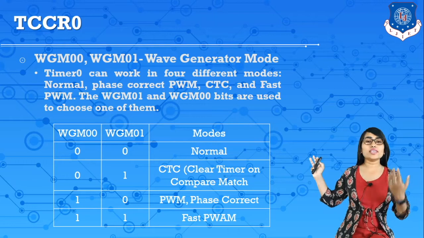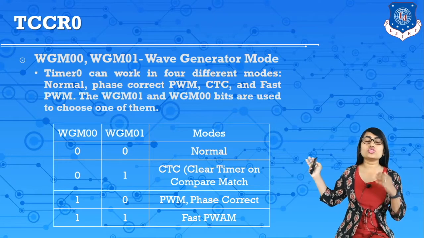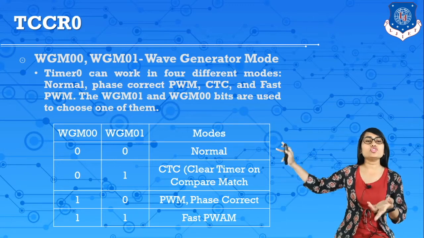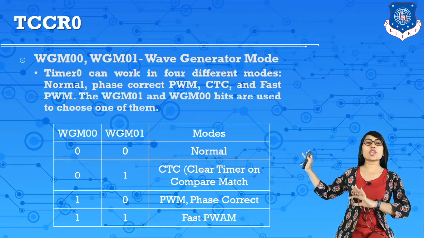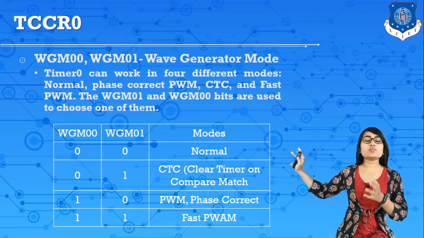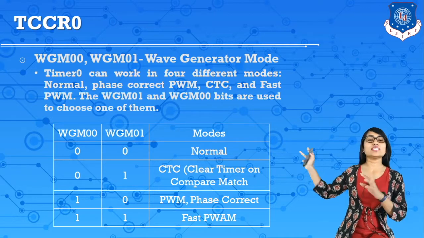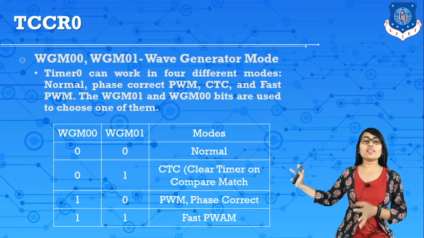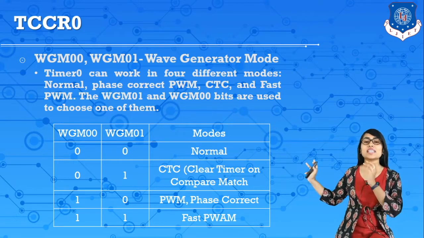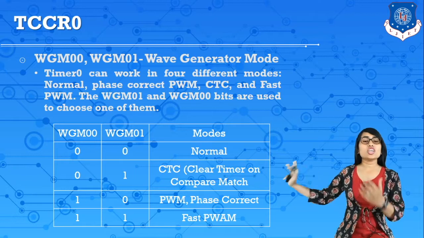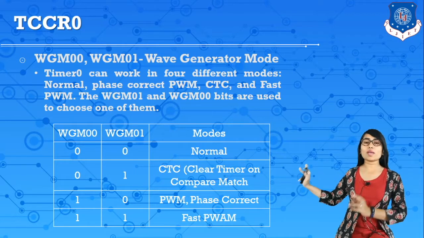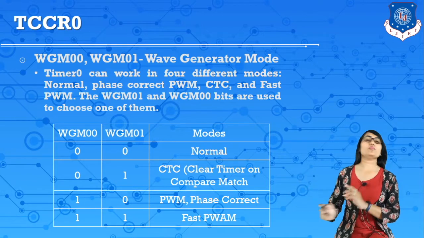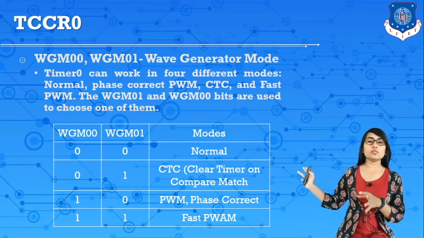To decide which mode we want to use to generate a delay, we have to decide the values of WGM00 and WGM01. If WGM00 and WGM01 equal 00, that means normal mode. If 01, then that is CTC mode, clear timer on compare match. If 10, then PWM phase correct mode, and 11 is fast PWM mode. So these are all the modes.